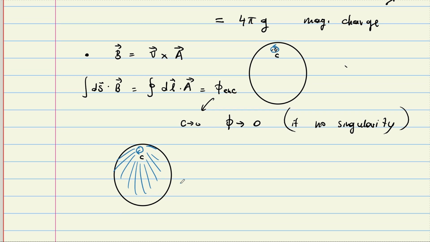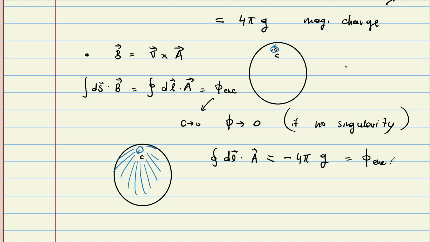I can choose the outside as my inside. In that case, this dl dot A is going to be equal to, as C goes to 0, I'm going to pick up all the possible phase, and because of the change of orientation, there will be minus 4 pi times G, which is phi enclosed.